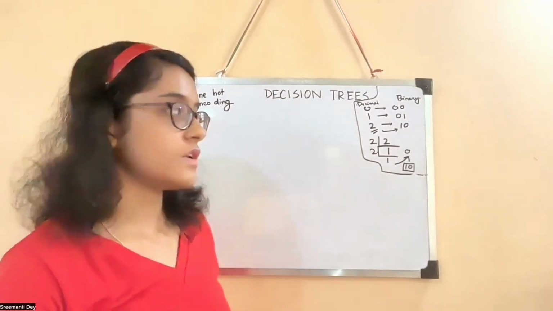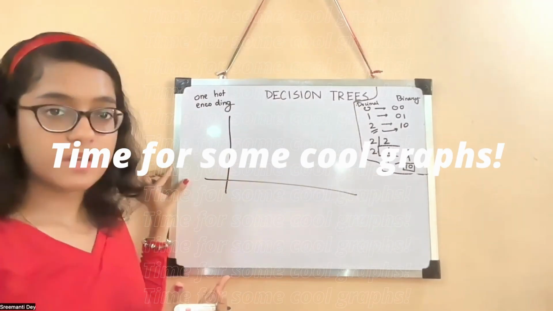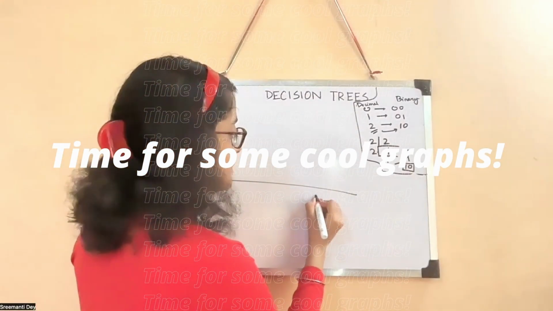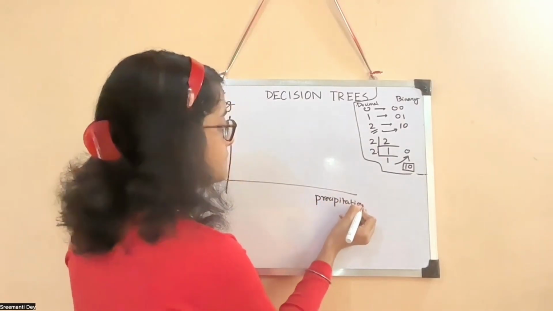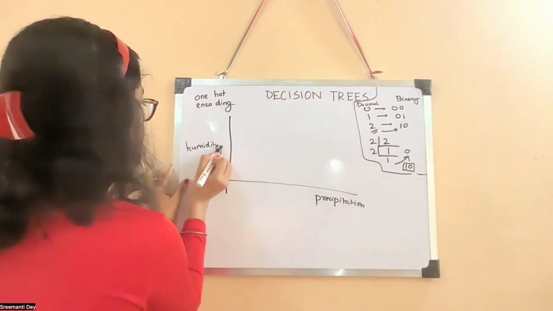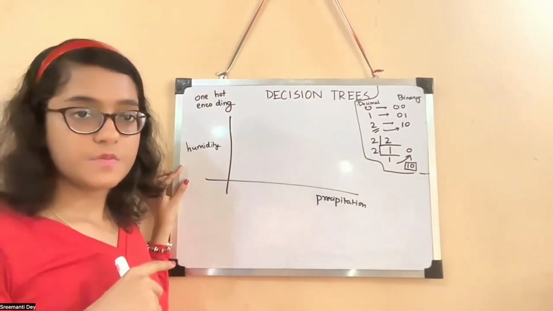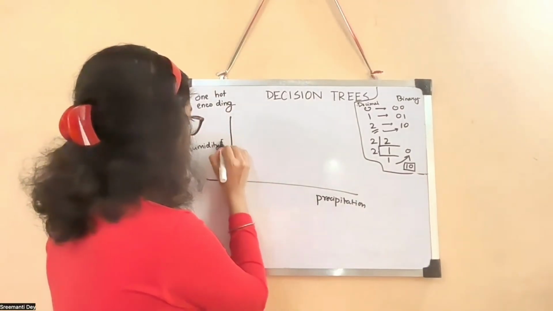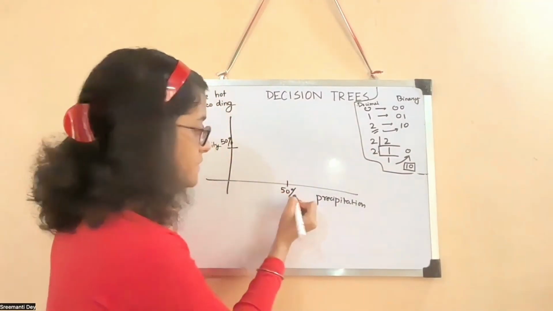Cool. So now let's draw the graph. We have only two features, so we can use a 2D graph here. Let's say this is precipitation and this is humidity. The first split, if you remember, was humidity less than 50%. So this one is 50% for humidity, and this one is 50% for precipitation.